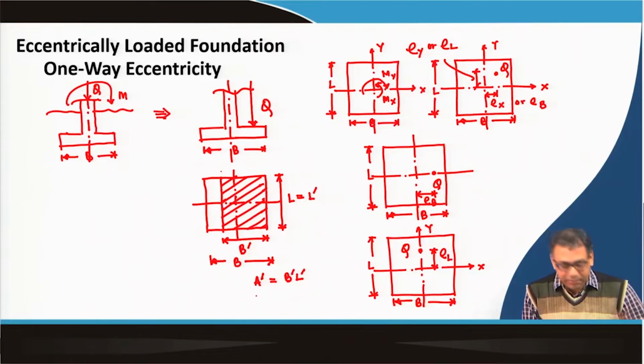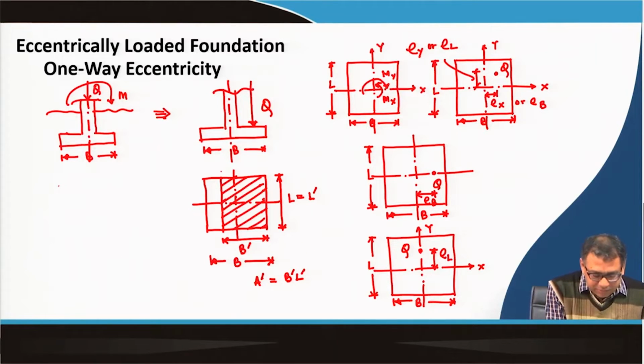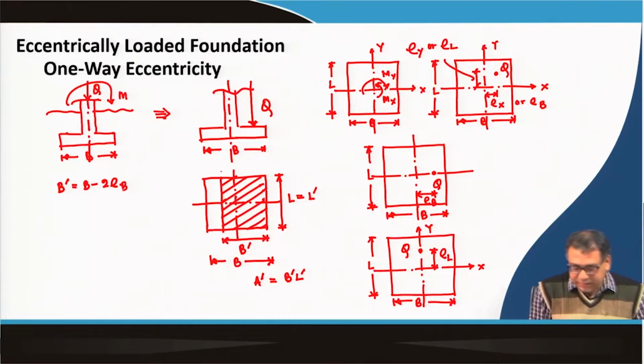Those things are mentioned. So, we can say now that my B dash value will be equal to B minus 2 E b. I should write E b, because this is my E b.